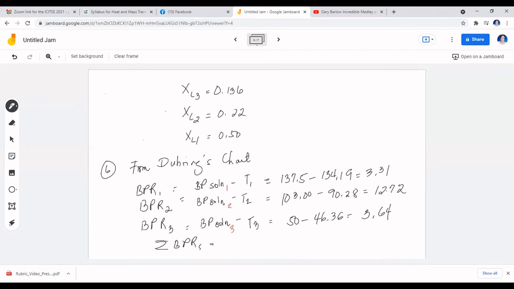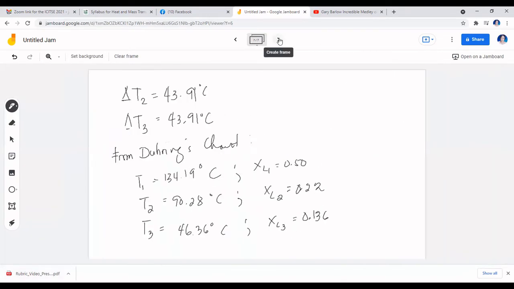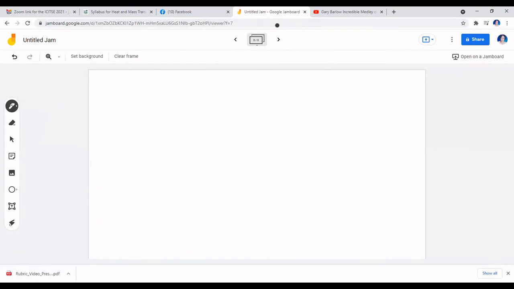We'll get the sum of the three. That should give you 19.67. With this, you can now determine your delta T effective. Your summation of delta T effective is your TS, the temperature of the steam, minus the boiling point of the last effect, minus the summation of BPRs.